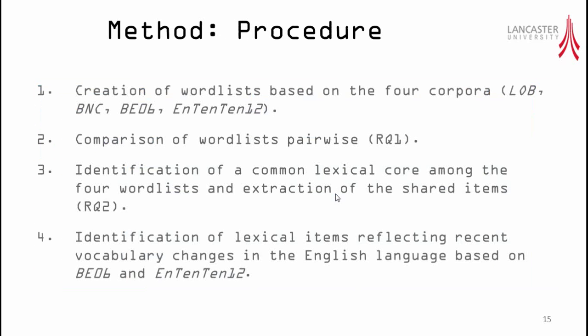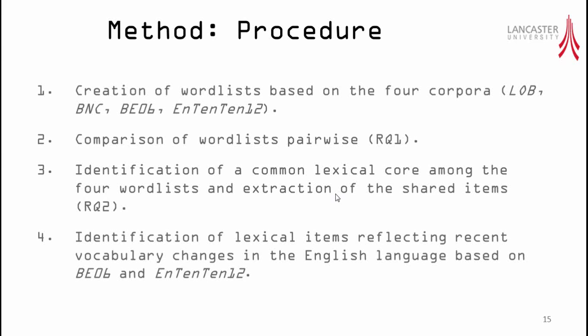The procedure that we followed was a simple one. First, we created word lists based on the 4 language corpora, the LOB, BNC, BE06 and EnTenTen 12. The word lists were ordered according to the average reduced frequency, which I talked about before. We looked at the first 3,000 most frequent items in each word list. Then we compared the word lists pairwise in order to address the first research question.